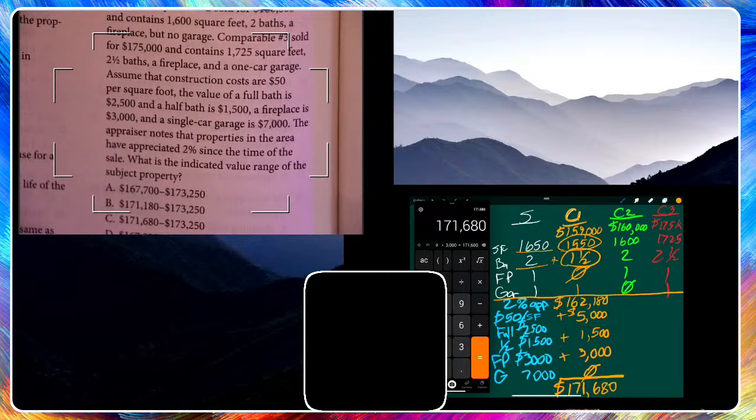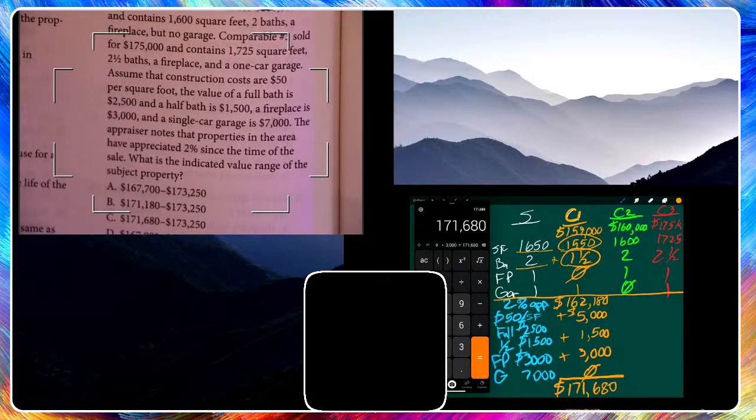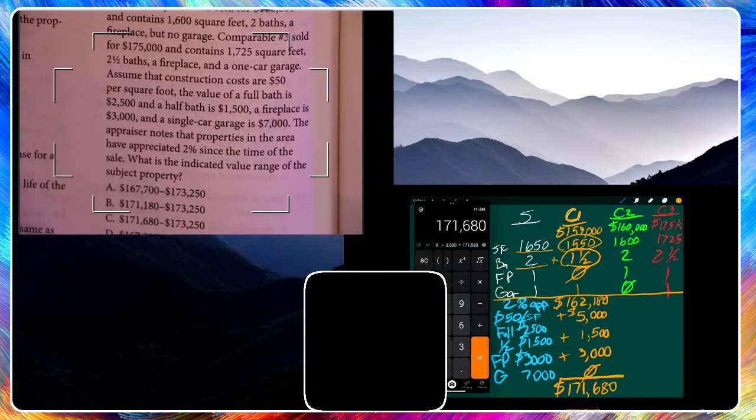Because say you've got on the comparable $2,500 for the full bath and 1,500 for the half. That's $4,000. That doesn't match the $5,000 on the subject. So you're really looking to add only $1,000, I believe. Is that correct? That's where I think the book might be going with the logic.